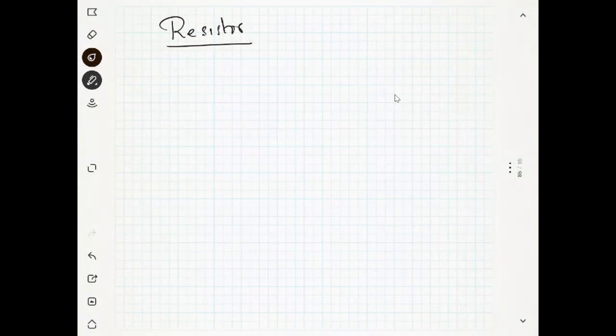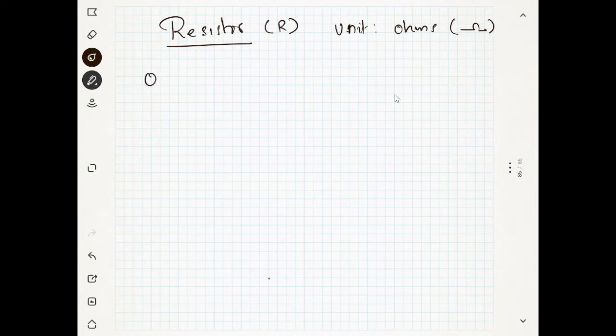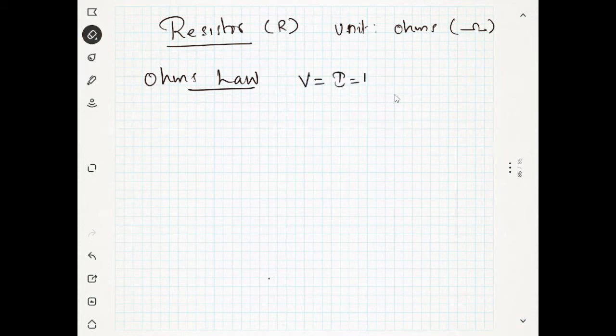And you know, this is the notation for the resistor, and the unit of the resistance is ohms. Usually it is represented by this symbol. And you know the relation between the voltage and the current; we have already studied Ohm's law, which is nothing but V equals I into R, right?